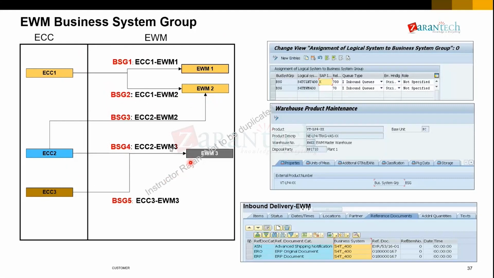Likewise, we are forming several groups. And in the EWM inbound delivery, the business system is captured. Thereby, it knows that the PPF is the one sending the goods receipt message, or for that matter, any communication back to ECC. It could be a change, or a delivery split, batch split, all those communications. It has to know to which target system it has to send. So this is the main reason for having the business system group.